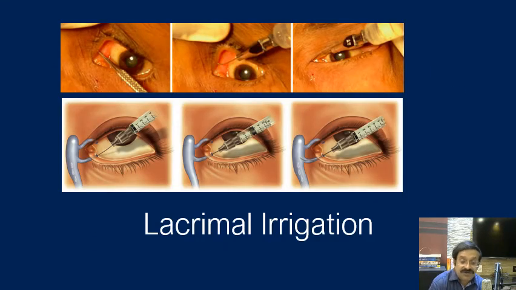Now, this is important in undergraduate. It is the so-called syringing, and this is the lacrimal irrigation. Syringing is something which you will be asked in detail. The procedure of syringing, how do you do a syringing, this will be asked because it's important. You take a Nettleship punctum dilator and you dilate the two puncta.